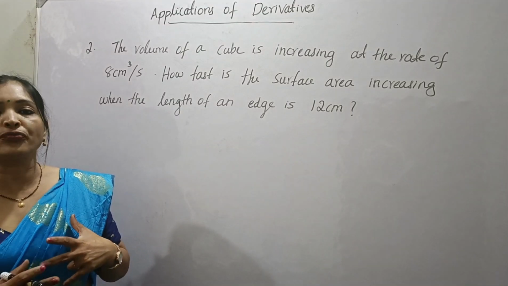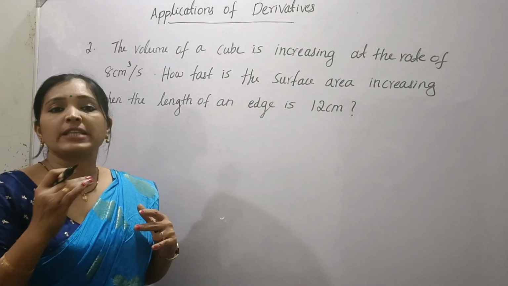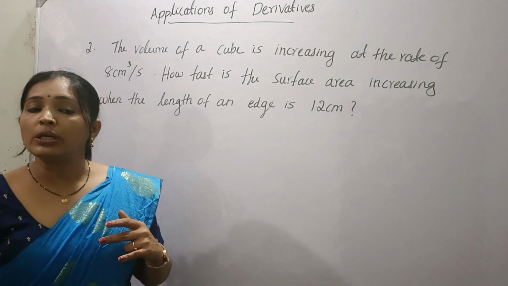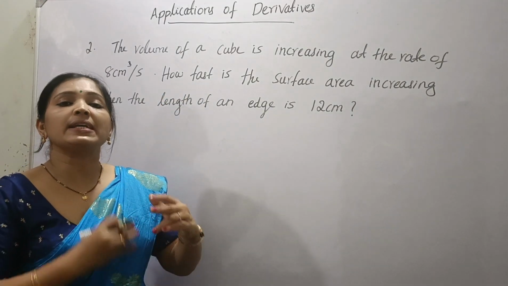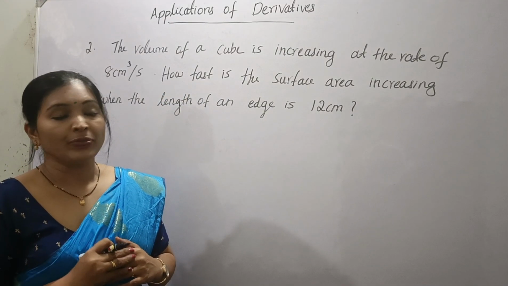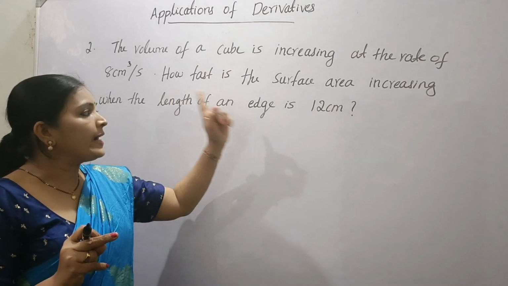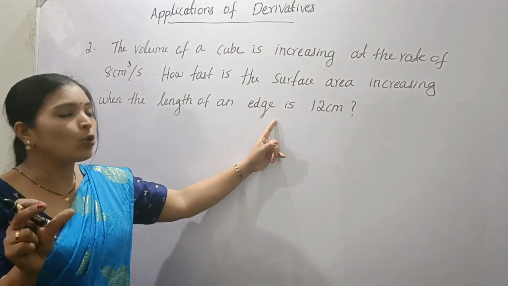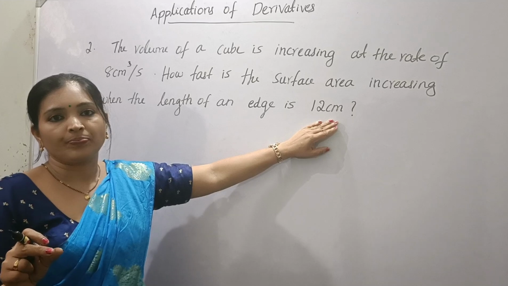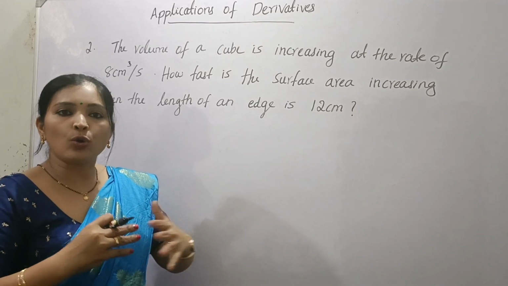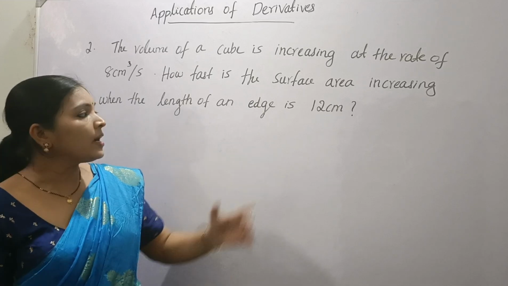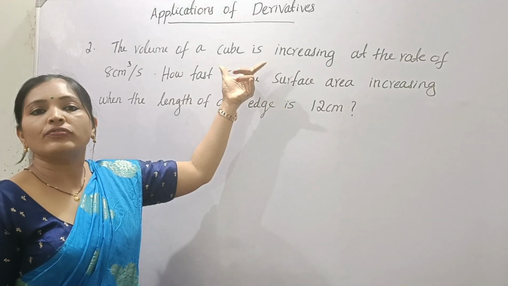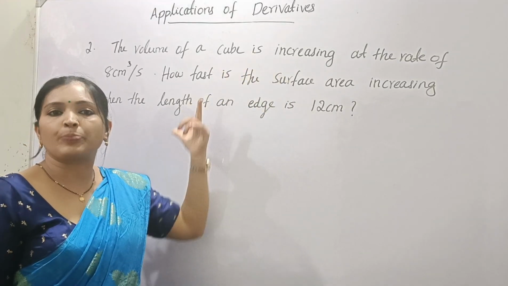Volume is cube. So we have to find the rate of change of surface area with respect to time, because how fast means, for a second, what is the change in surface area when the edge, that is the length of the cube, is 12 centimeter. Here the length is also changing. So when the length is 12 centimeter, what is the rate of change of surface area with respect to time?